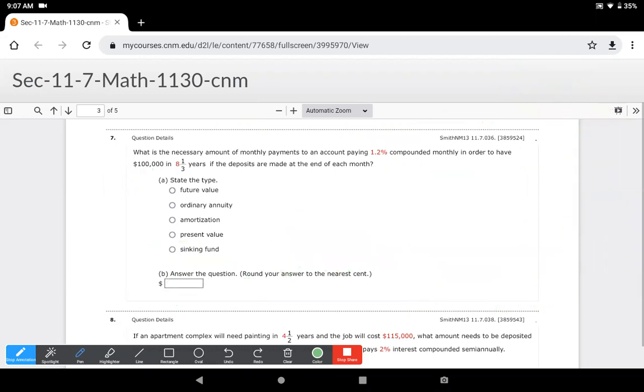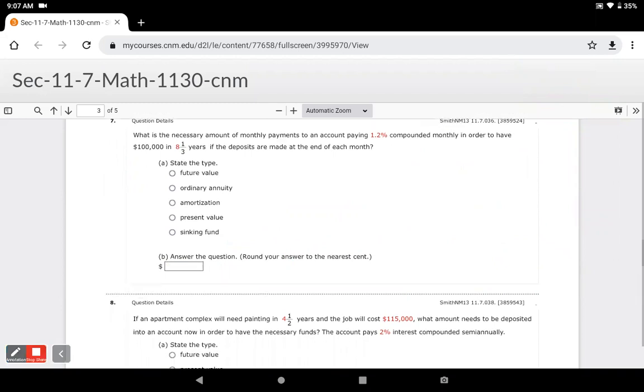Oh, I was trying to move the page up, but I have to close the annotator first.